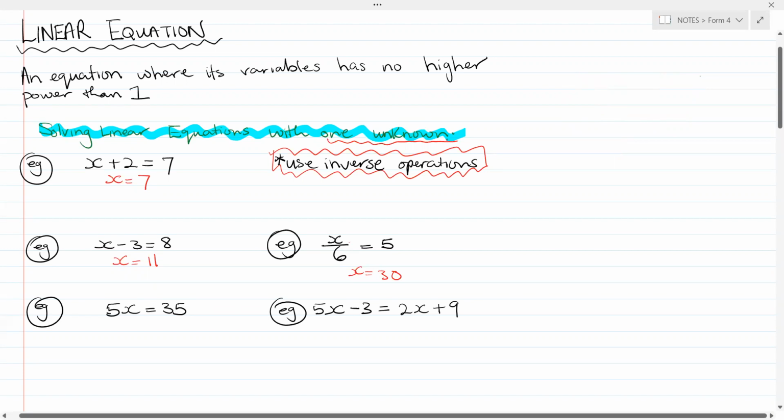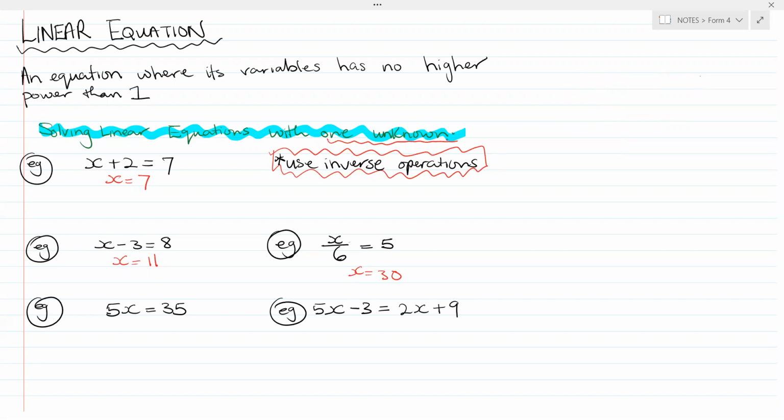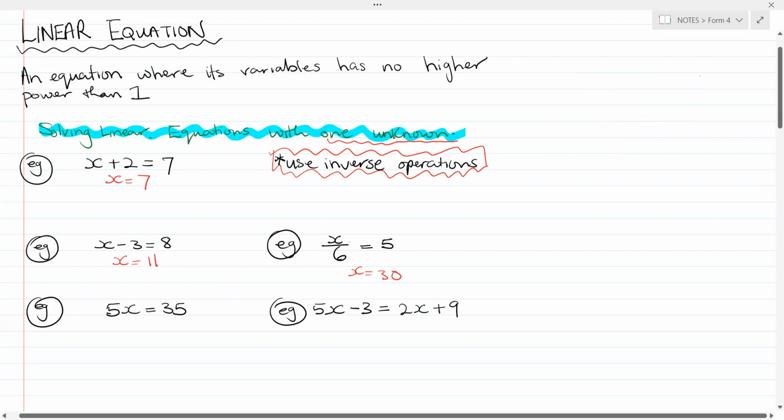We have some examples we're going to go through. x plus 2 is equal to 7. So therefore, we need to subtract 2 on both sides to get x is equal to, and this will be 5 actually, right? Then we have x minus 3 is equal to 8. We add 3 on both sides, so x will be equal to 11.